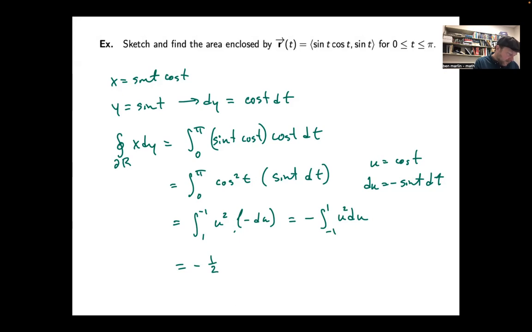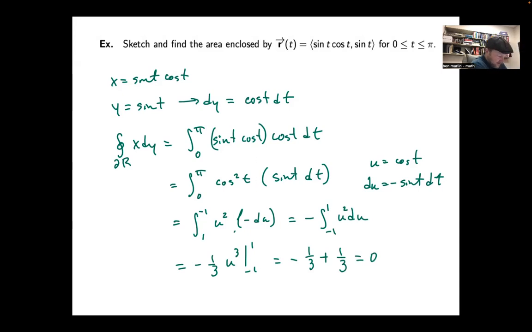Not 1/2, but minus 1/3 u cubed from minus 1 to 1. So I end up with a minus 1/3 minus a negative 1/3, which gives me a 0 area.